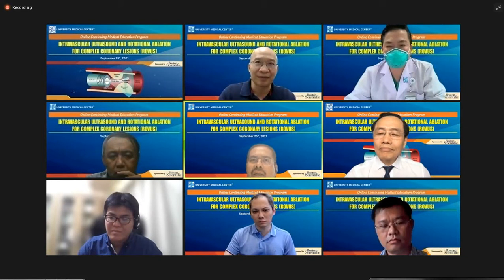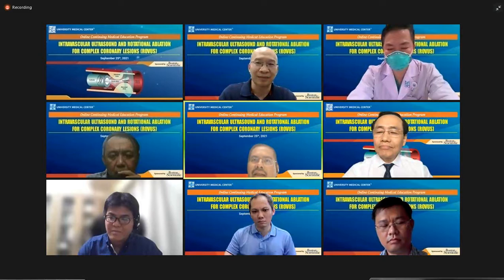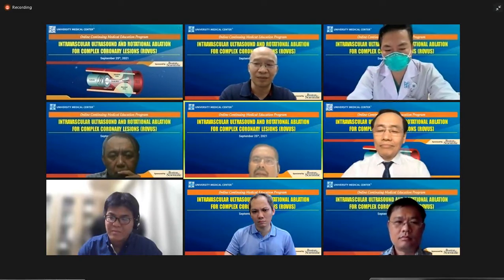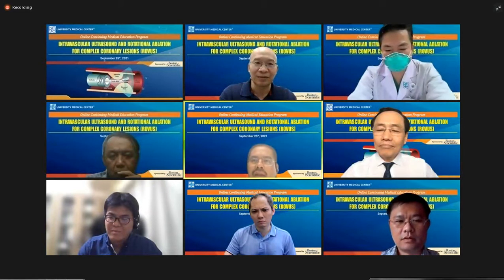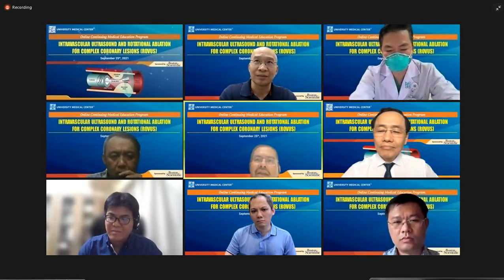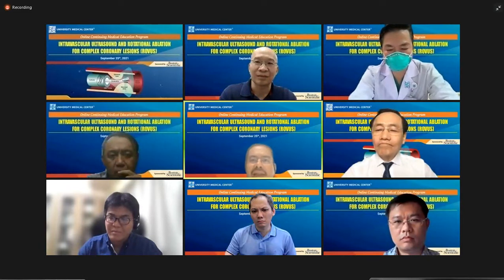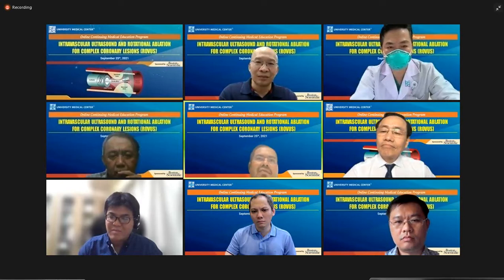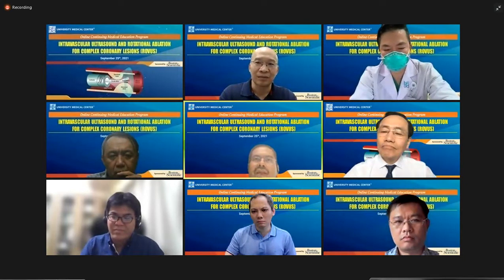For example, in the second case he chose the rotablator, and I think it's a very good option, because without the IVUS you might think you can use a non-compliant balloon to open this, but usually you fail in a case like that. So I think calcification means IVUS, and it will give you a better result after the PCI.